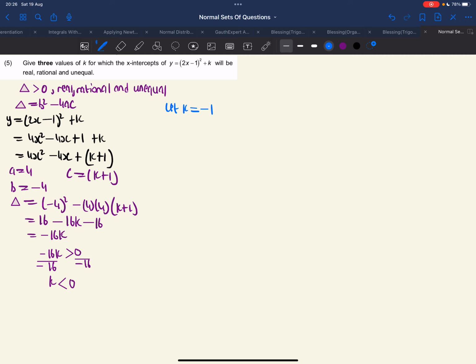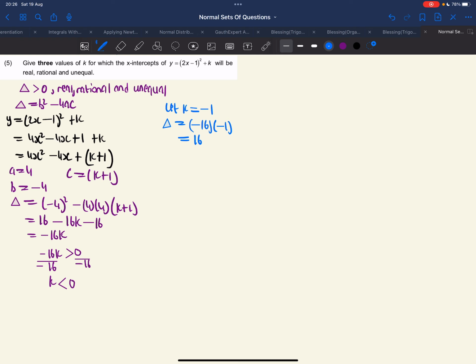With k equal to -1, the discriminant is -16 times -1, and you get 16. That is basically the answer we're looking for, because the square root of 16 is 4.